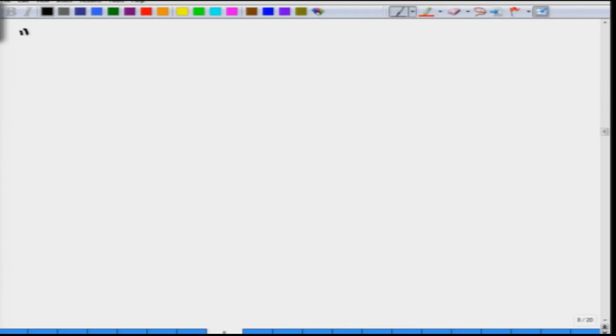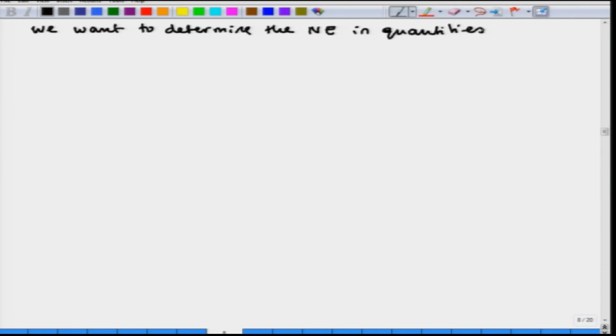So, the first case is the following. We want to determine the Nash equilibrium in quantities in stage 2, and there are three possibilities. The first possibility is the following.